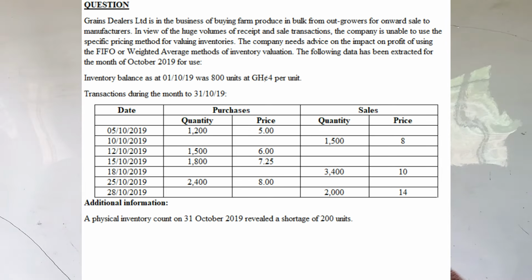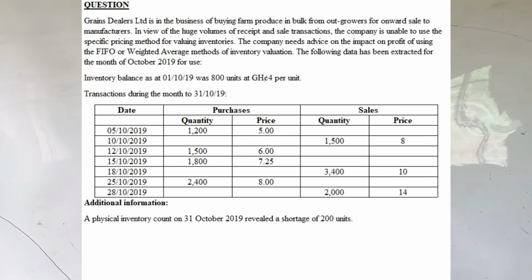We can see that on the 5th of October, there was a purchase of 1,200 units of the goods at 5 cedis as a unit price. On the 10th, there were sales of 1,500 at a price of 8 cedis. Then on the 12th of October, there was a purchase of 1,500 at 6 cedis. And then on the 15th, another purchase, 1,800 at a unit price of 7 cedis 25 pesewas.